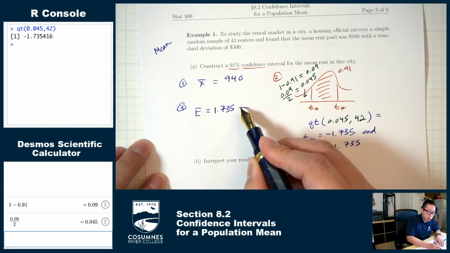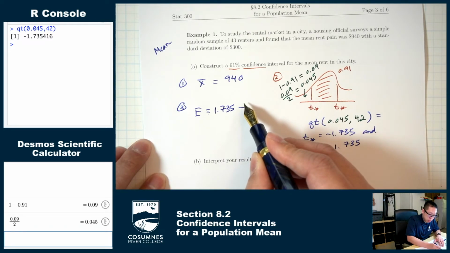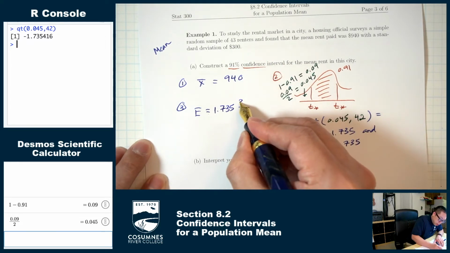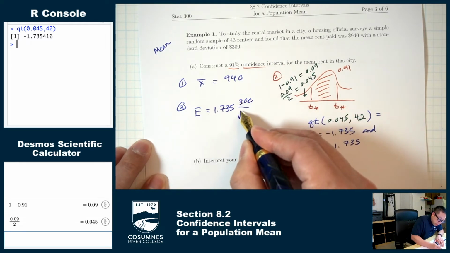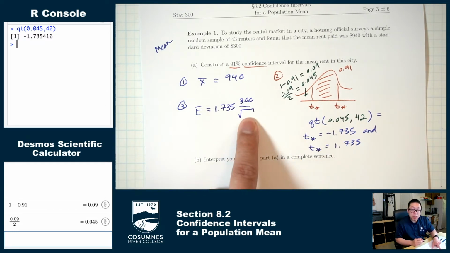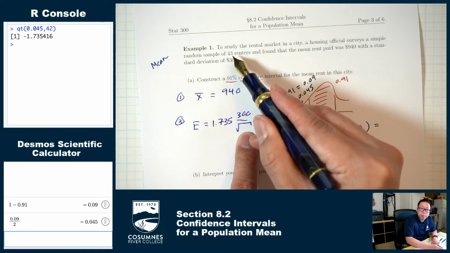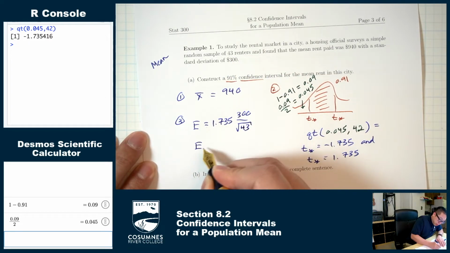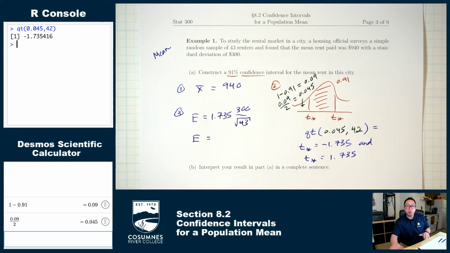S is our standard deviation. What's our standard deviation? 300 over square root of n. N is our sample size, which is 43. Okay, so in decimals, type that in.